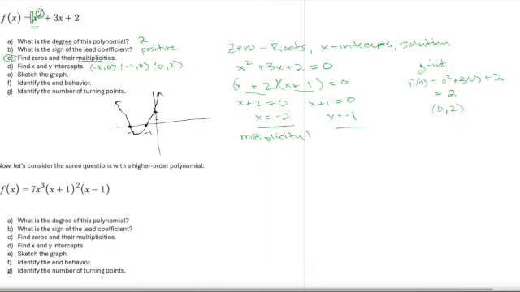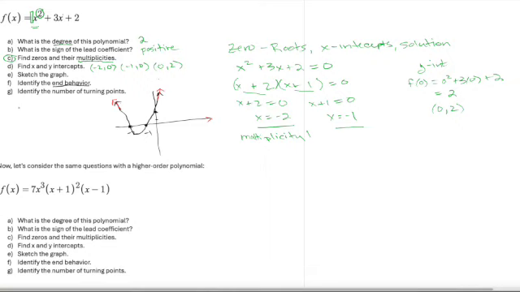And what that enables me to do is consider what we call end behavior. So end behavior describes what's happening at the ends of the graph. By the ends of the graph, I mean what is going on as the values of x get larger and larger and larger. So as we go to the right on the x-axis, what is happening to the graph? It's going up.